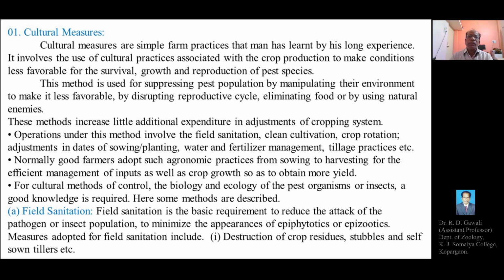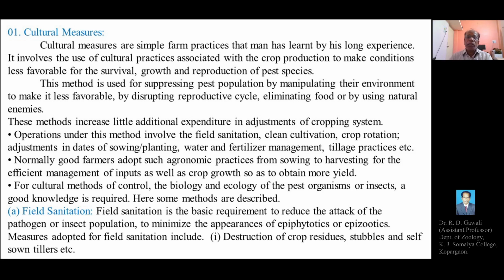For cultural methods of control, good knowledge of the biology and ecology of the pest organisms or insects is required. So, for the use of these cultural control measures, the ecology and biology of the pest must be known to the farmers.